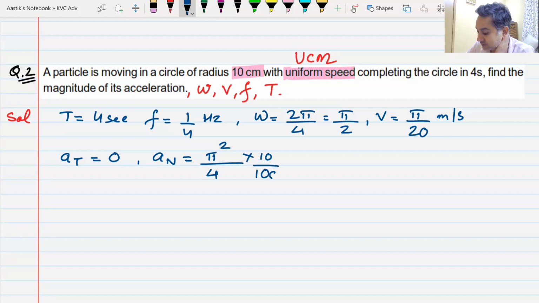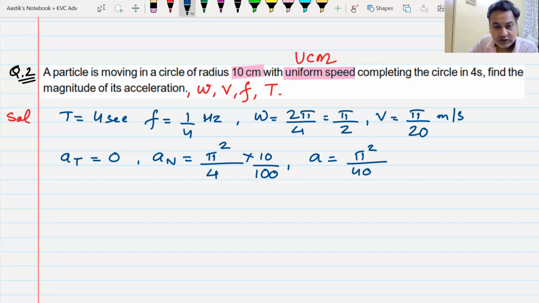Pi square by 40. Now, if I ask about its total acceleration, since its tangential acceleration is 0, its total acceleration is pi square by 40. Normal acceleration and total acceleration are the same. Do we understand this? Everyone in the class?